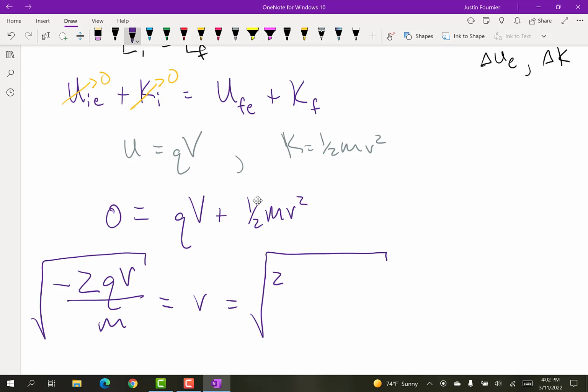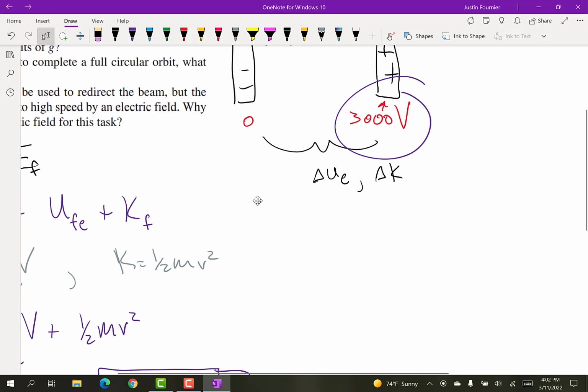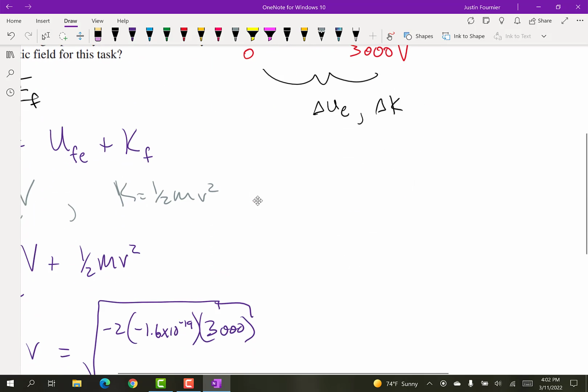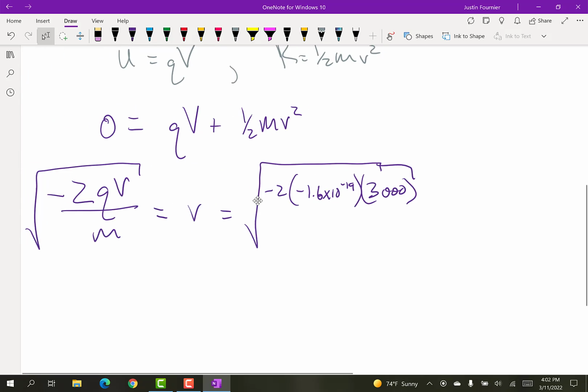That's going to be negative 2, times the charge of my electron, which is negative 1.6 times 10 to the negative 19 coulombs. And then I'm going to multiply that by the voltage, which is 3,000 volts that I have at the final moment. There we go. And then divided by the mass.